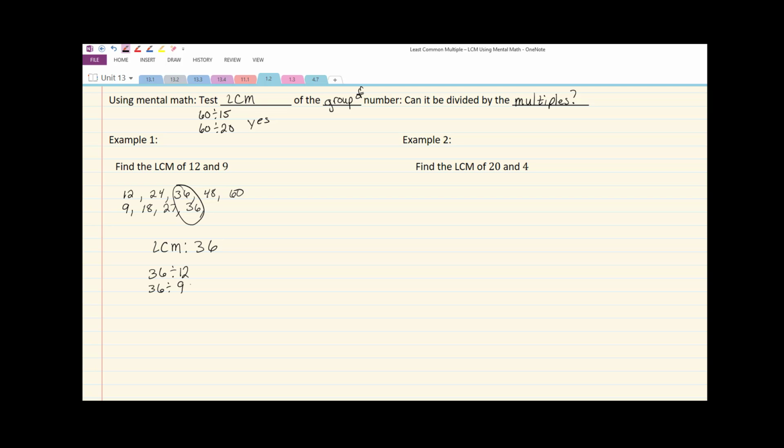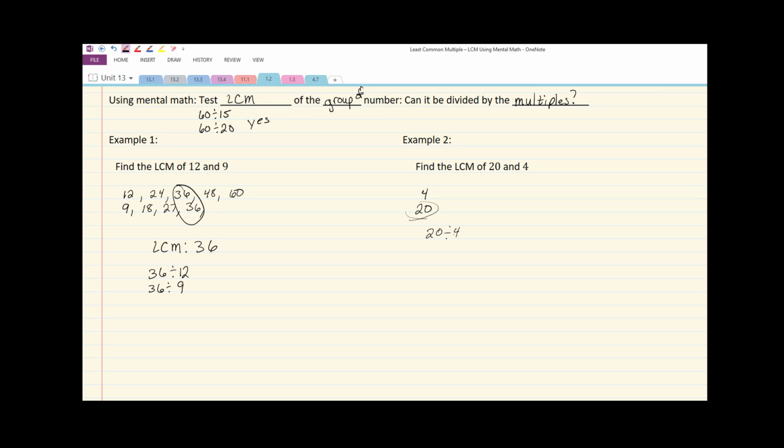Now when I go to example 2, I'm looking at 4 and 20. And one of the things that I notice right off is that 20 is divisible by 4.